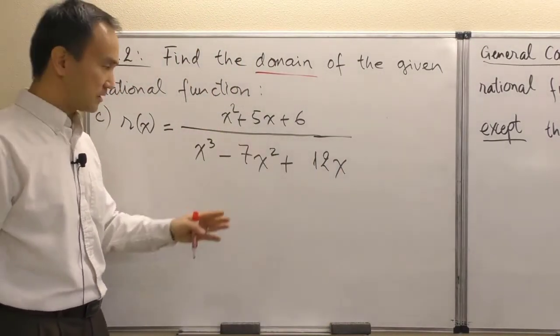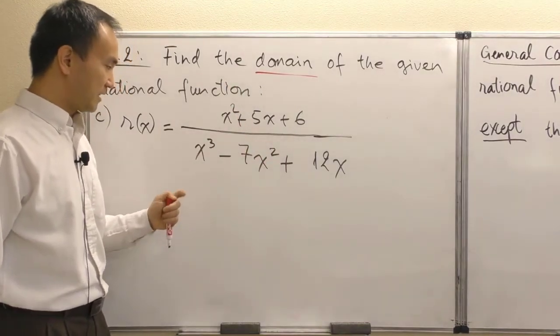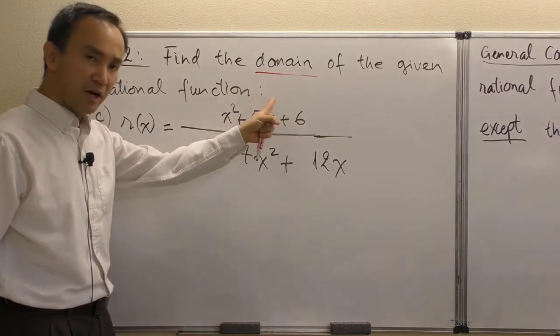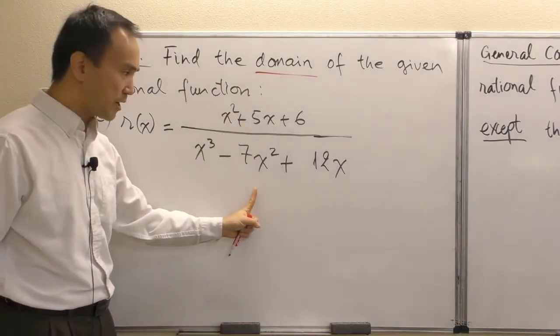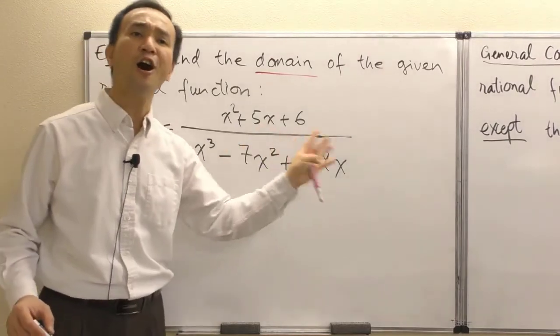That's my denominator. So this is my rational function at the beginning point. The numerator is a polynomial, and the denominator is also a polynomial, and further, the polynomial in the denominator is other than just a constant.